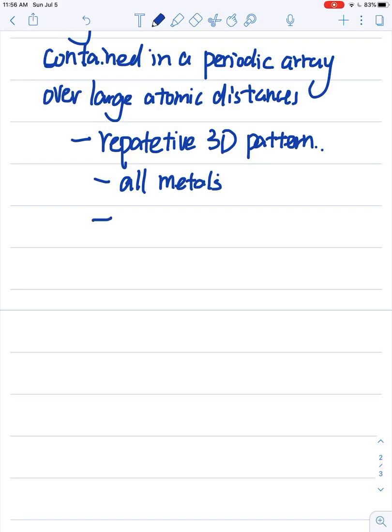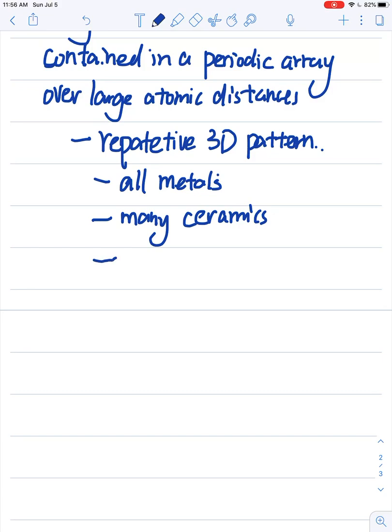And next we have many ceramics. Ceramics could belong to crystalline materials. They have this crystalline structure, which means repetitive 3D patterns in space.